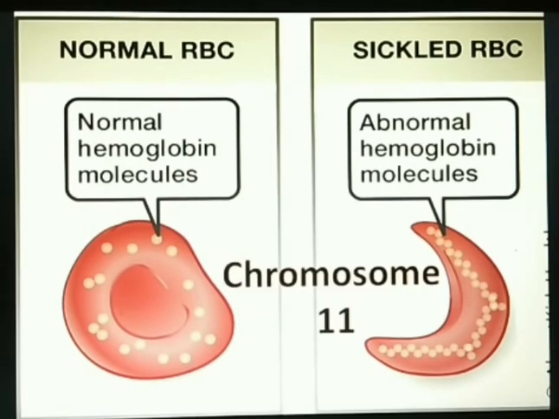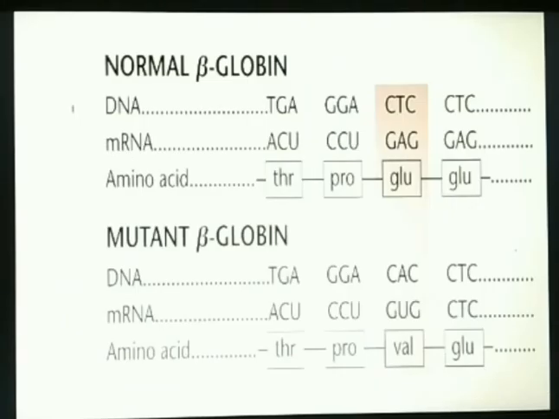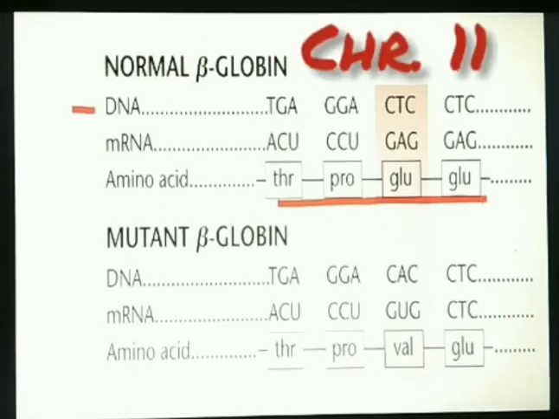This happens due to a mutant recessive allele that is located on chromosome number 11, which is an autosomal chromosome. The DNA that is responsible for the formation of the beta globin chain or beta globin protein gets mutated in chromosome number 11.